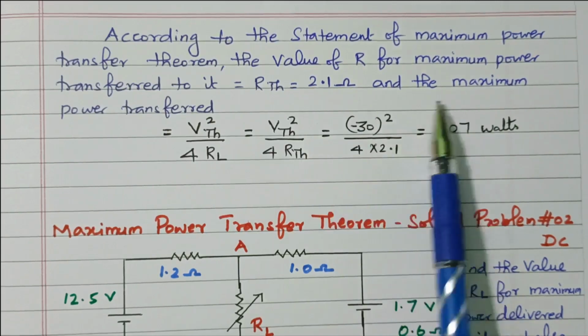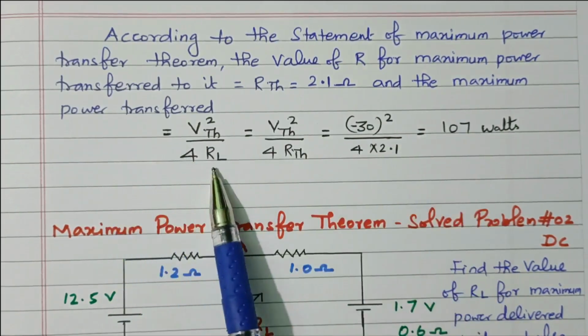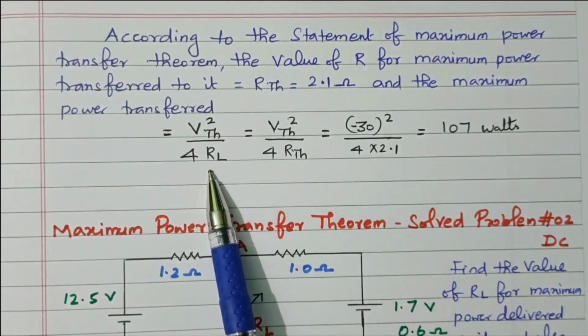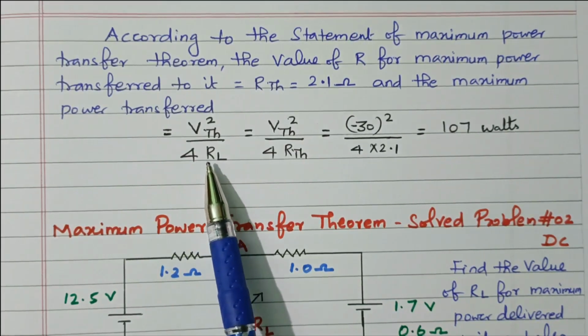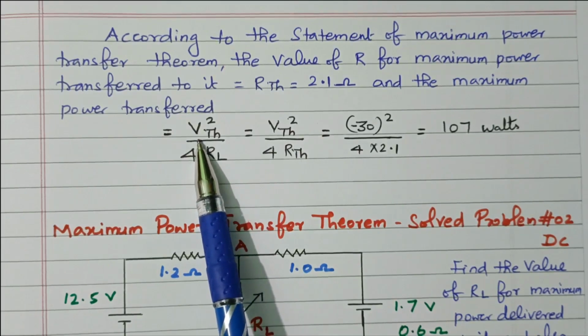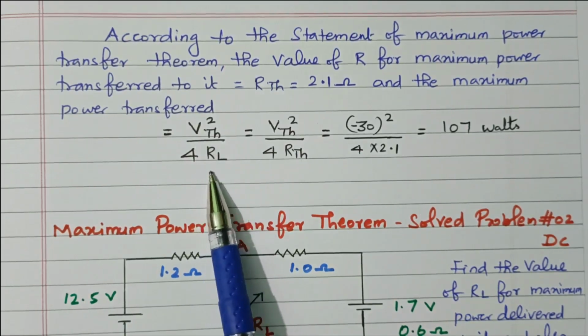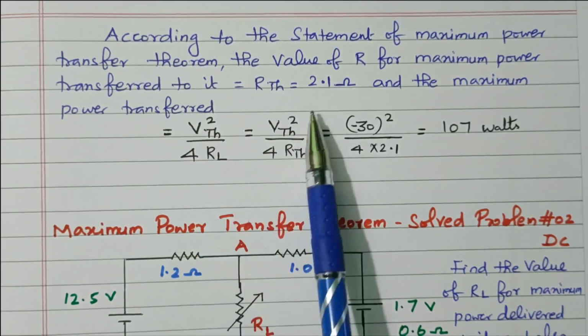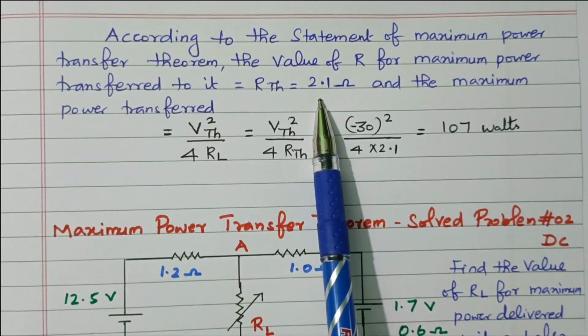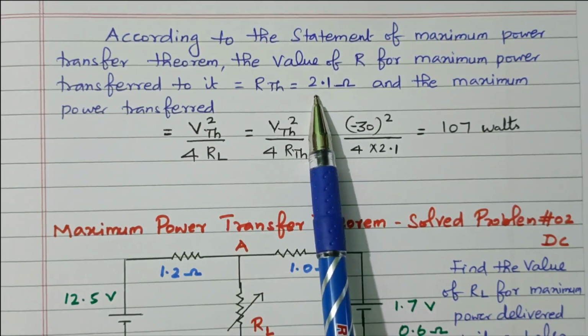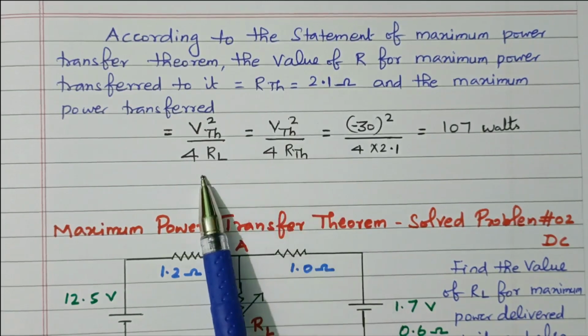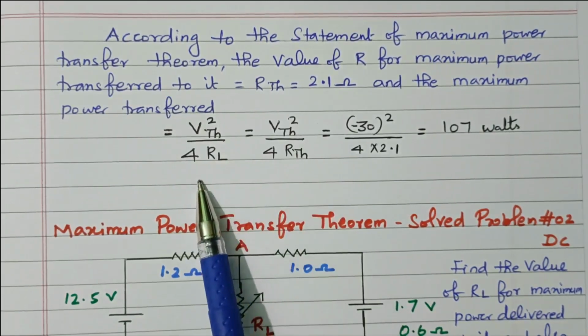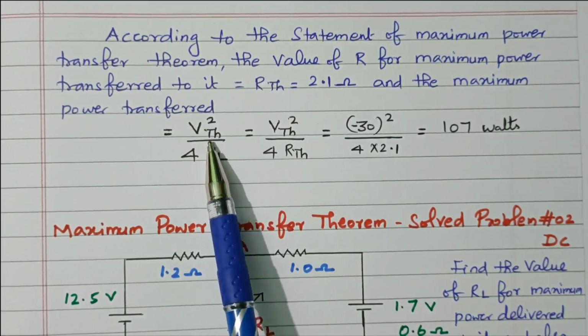So under that condition, for the maximum power transfer, we have a formula available. Right? The details about the maximum power transfer theorem explanation are available in a separate video. So this is the formula, VTH squared divided by 4RL. Right? RL value is 2.1 ohm. Thevenin voltage we already calculated.